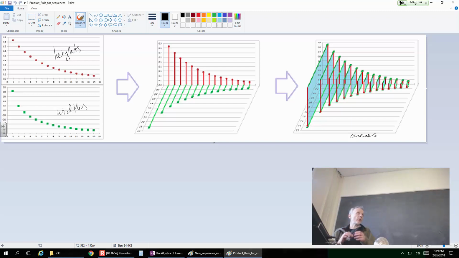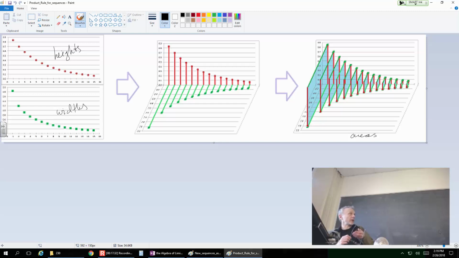So if we move away from this geometry to algebra, the limit of the area of the rectangle would be equal to the area of the product. Right. The area of the product will be equal to the product of the limits. Right? So it is the product rule that we certainly remember from Calculus 1. It's just a way to illustrate it and see that it actually makes geometric sense.